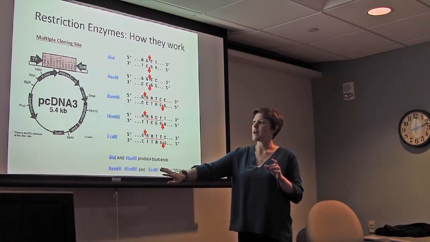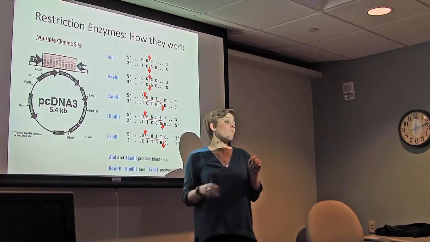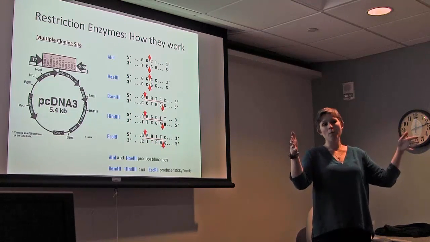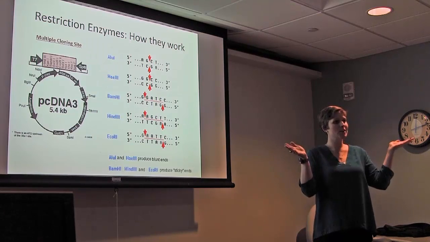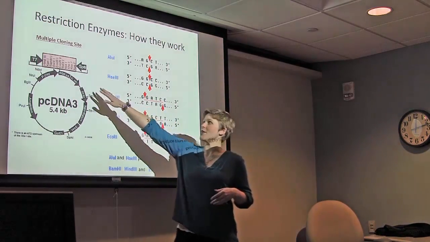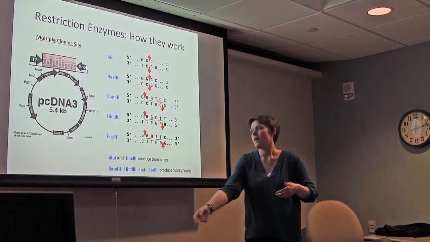So most of the time, the plasmids have what are called multiple cloning sites. And this is basically a huge run of a whole bunch of different restriction sites so that you can open your vector and insert your insert into there. So this here is a multiple cloning site. It's got all these different restriction sites in it.